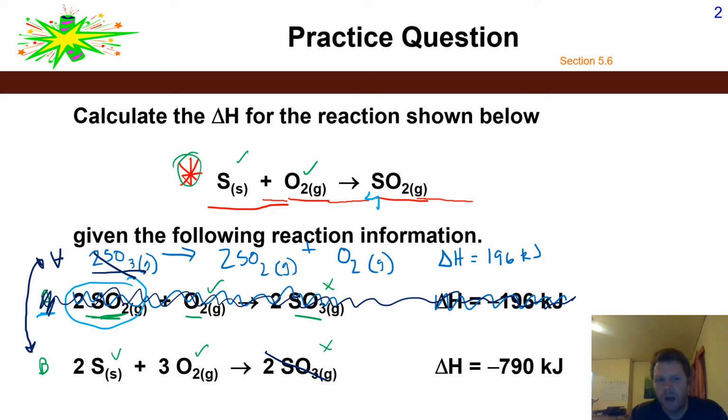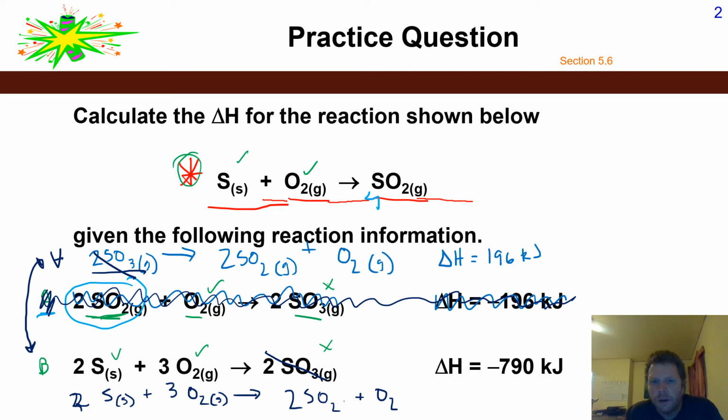Whenever I combine flipped A and B, I've got 2S solid plus 3 O2 gas yields, and now what are my products? My only products are 2 SO2 plus O2.